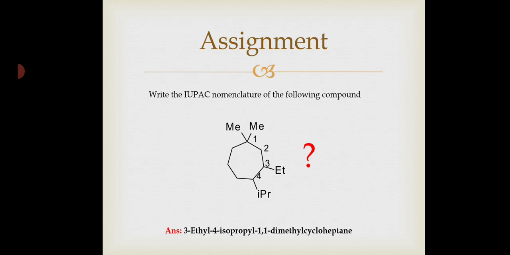And we have to follow an alphabetical order while naming the cycloalkanes. So E comes first in the alphabetical order, then I, then M. And di, tri, tetra are not included while writing the IUPAC nomenclature. So the preference is E over I and over M.